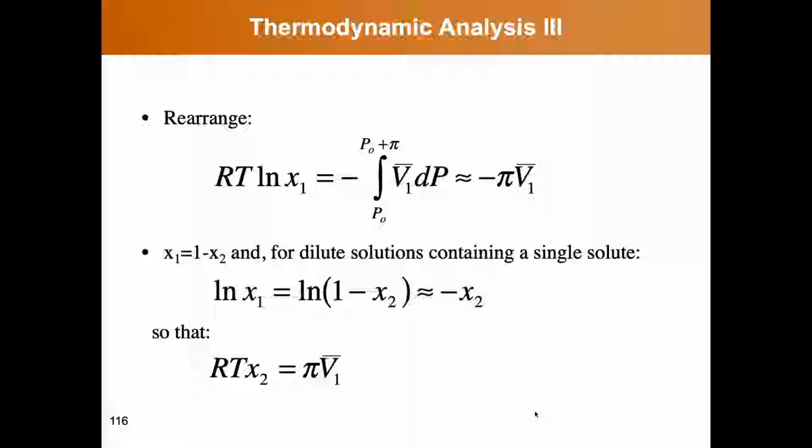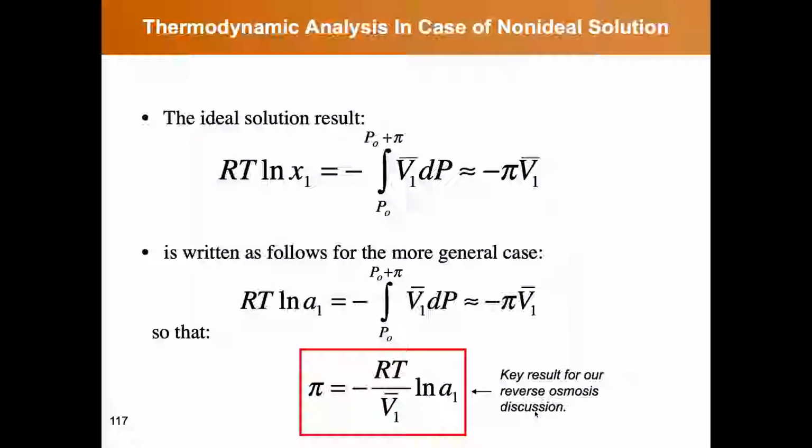For dilute solutions, in all of the cases that we would be considering that would involve, for example, salt desalination applications, at least the standard applications that would be things like brackish water and seawater desalination, the concentration of salt is quite low, and so we can write this logarithmic term as shown here and approximate it by the first term in the Taylor series expansion to get the expression at the bottom of the page.